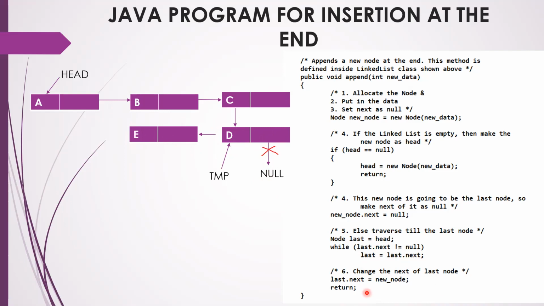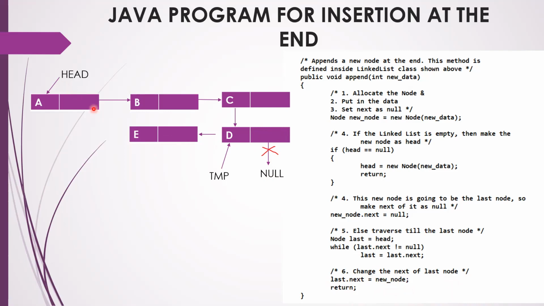Then the next of the last node, that is D's next field, instead of null, you have to make it the address of the new node. Got it? So the new node will be the last.next field, and you return. You have to change the next of the last node of the linked list.